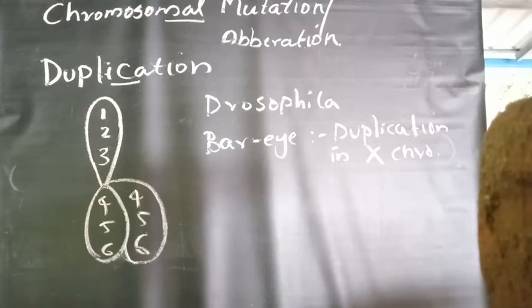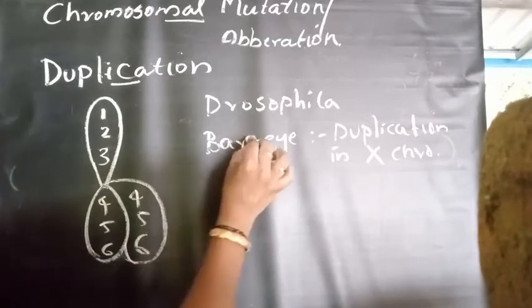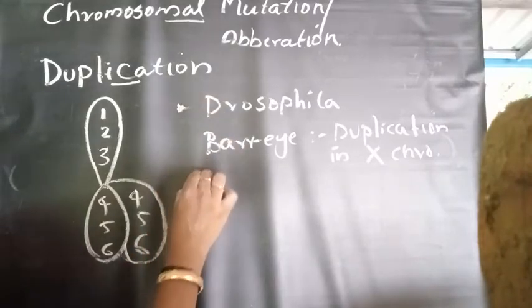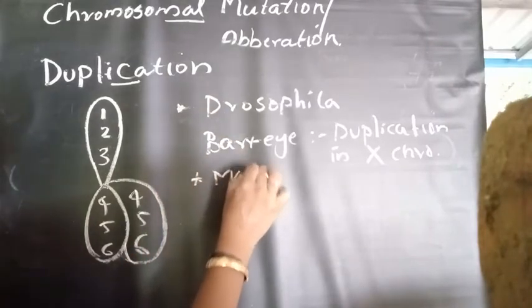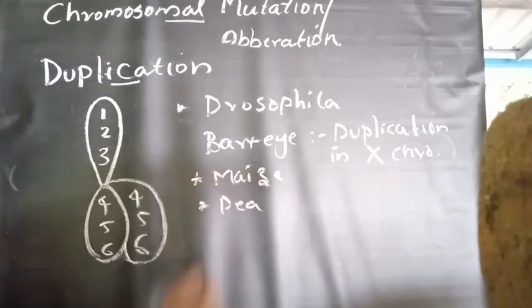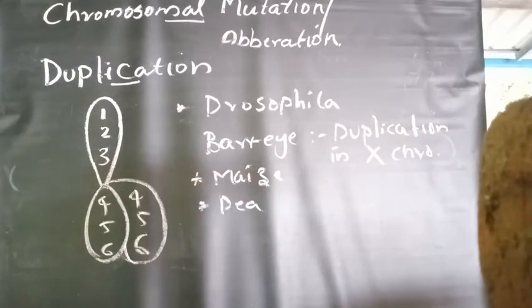That is Bar, the bar-shaped eye. You can also see duplication in maize and also in pea.